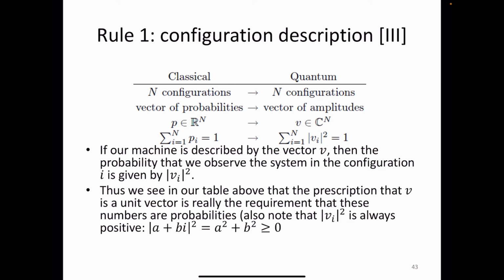The probabilities form an n component vector, each component of which is a real number, whereas for the amplitudes, you take your probability amplitudes out of the complex number space. And the probabilities in the classical systems must sum to 1, while in the quantum system the modulus must. So taking the complex conjugate times the original complex number, and summing that up for all the components, it must also give you 1.